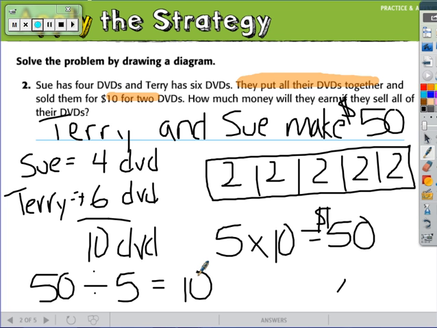Okay? And how did you do it? I added 4 plus 6. Okay. And then you divided by 2, which gave you 5, which is what we got with our model.